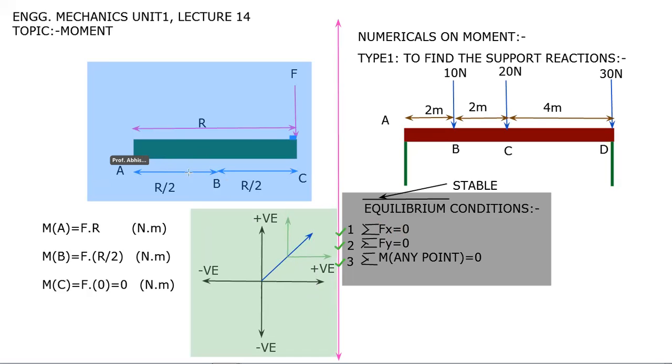If this is F, then this will be Fx and this will be Fy. We can split this by using the angle theta. So Fx will be F cos theta and Fy will be F sin theta.